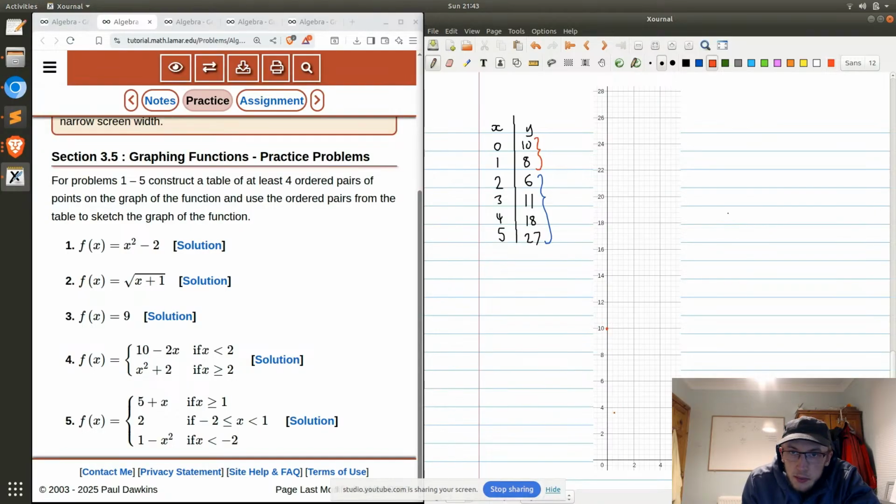And at 1, we read 8. And at 2, well, 2 is not actually included, but we would obtain 6. So what do we do? We do a kind of hole like that. It's an acknowledgement that the function does not actually pass through that point there.